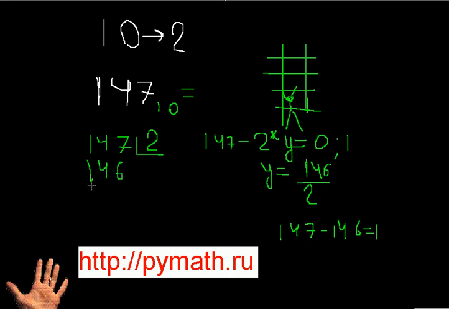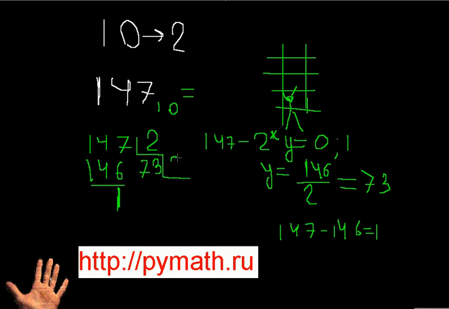Let's write it here. The residue is 1. It is the lowest digit of the binary representation of this number. And let's find by division what it means. y is equal to 73. Okay, and let's write it here.